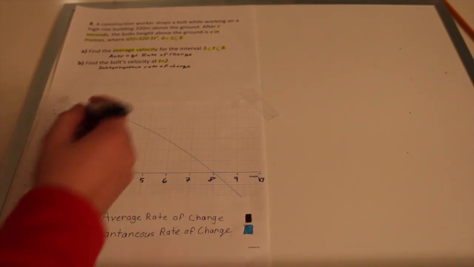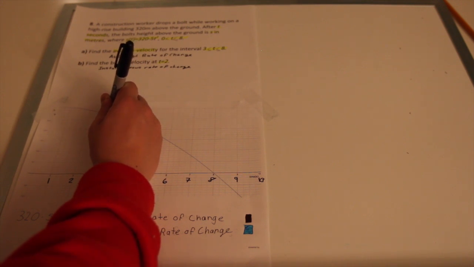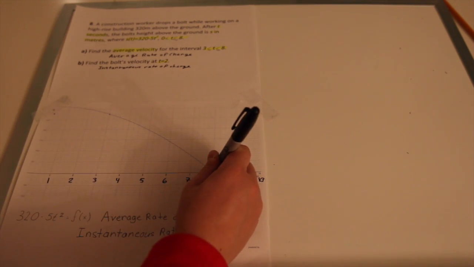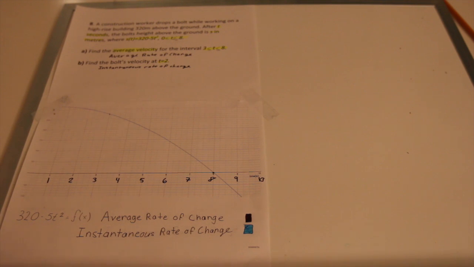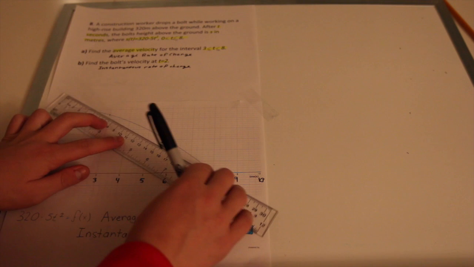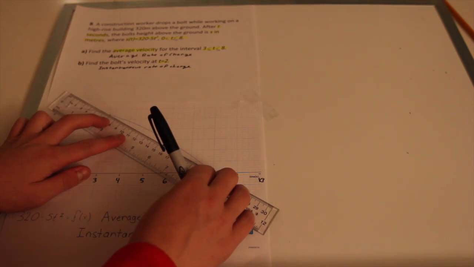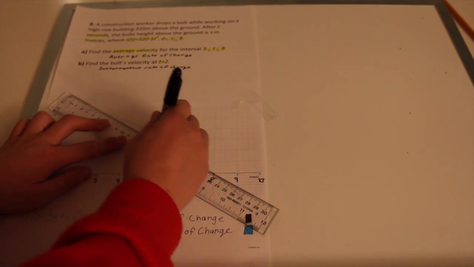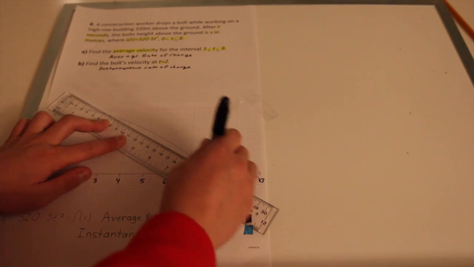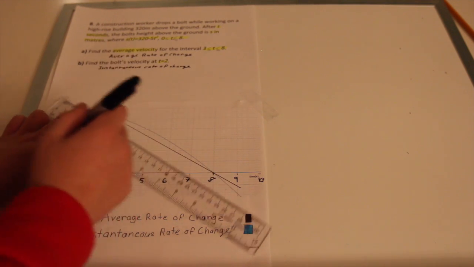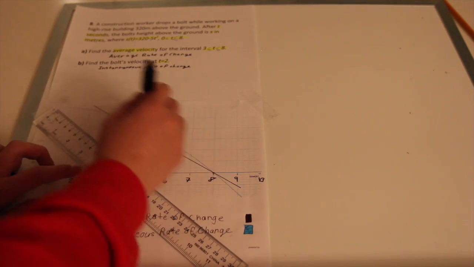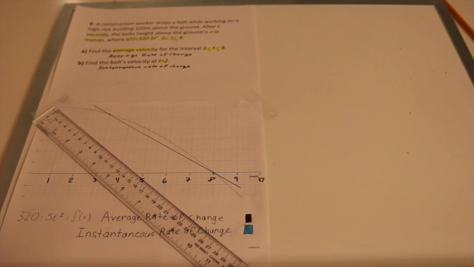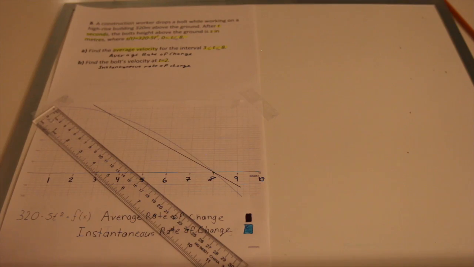So you have to draw a point at 3 and 8, and then you are trying to find the velocity in between these 2 points only. So this part here basically is what we're trying to find, the speed of the bolt at that moment.